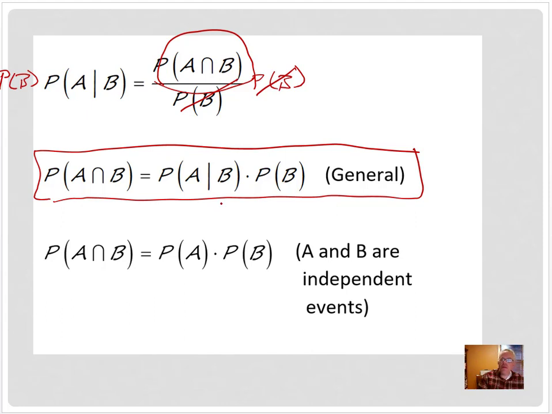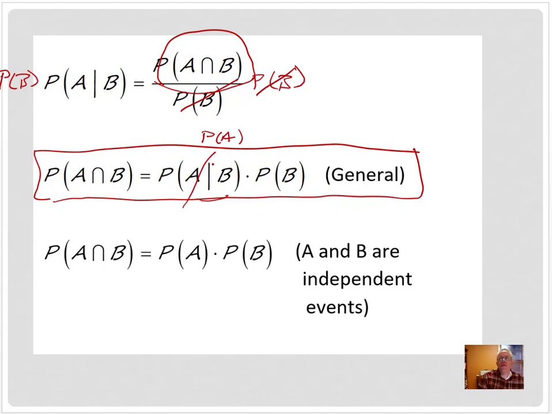Now, here's an important idea. If events A and B are independent, I almost said equal, but independent, the probability of A given B equals the probability of A. If they're independent, these things are equal.